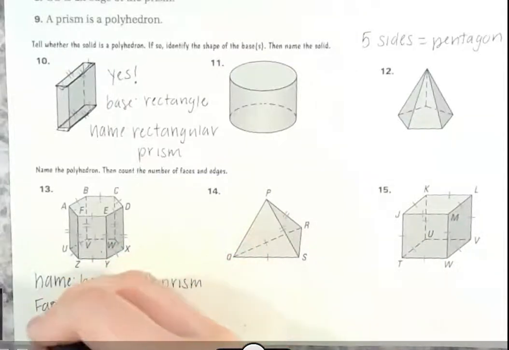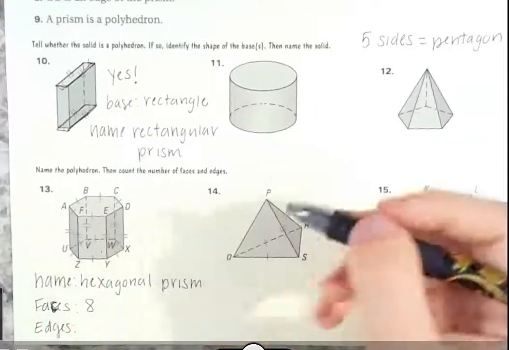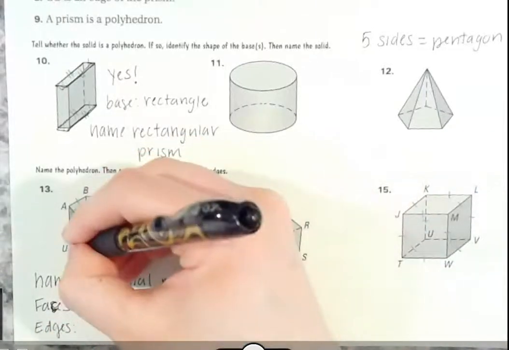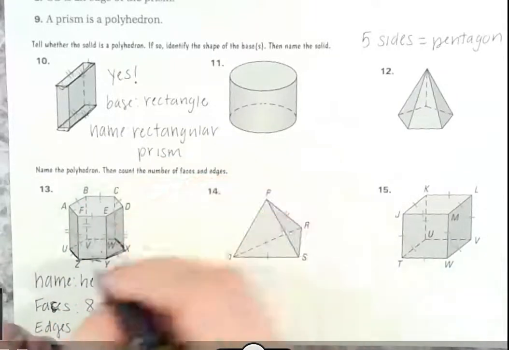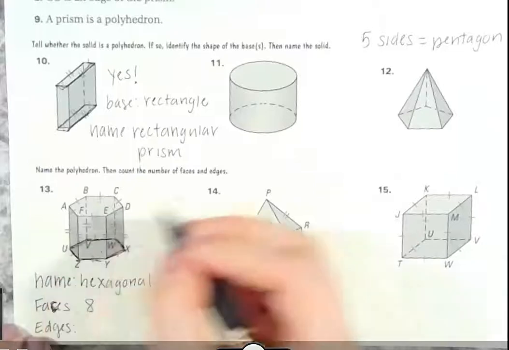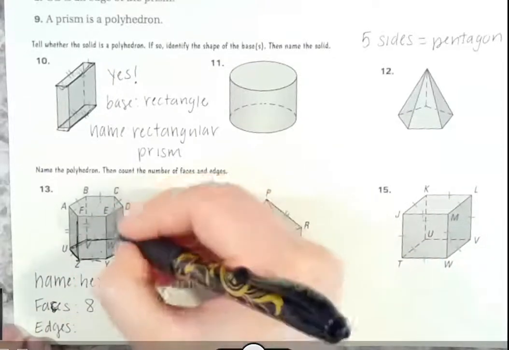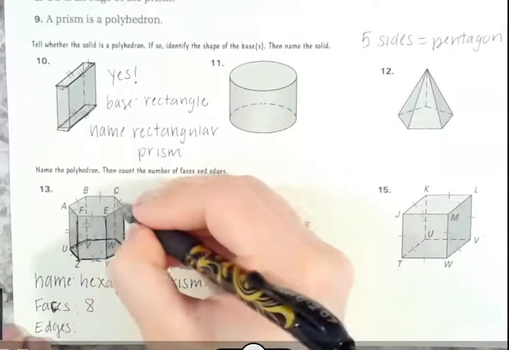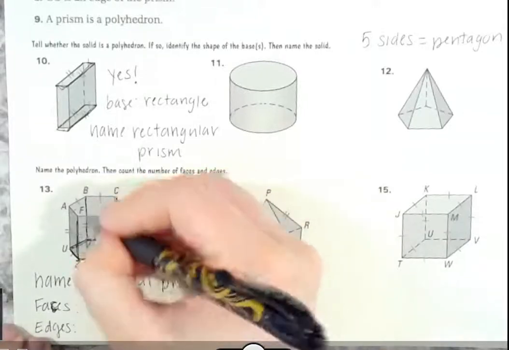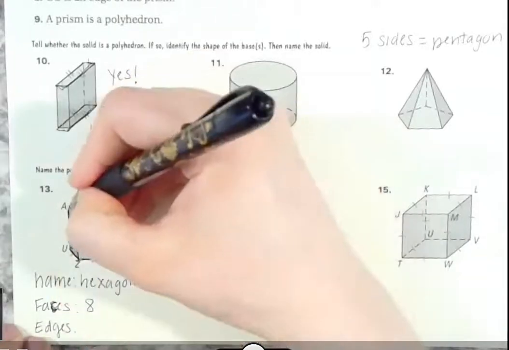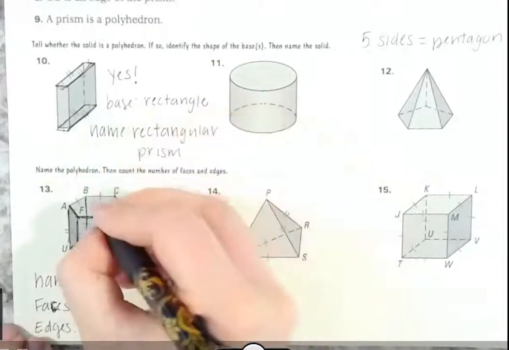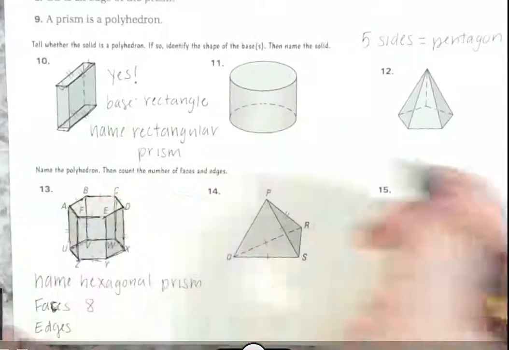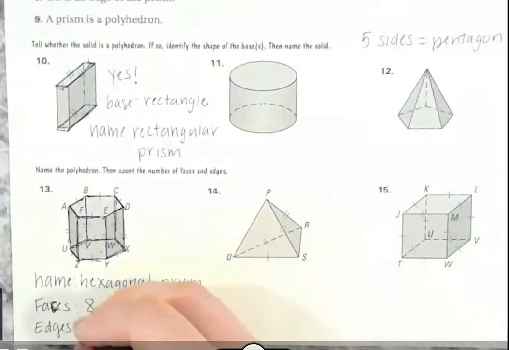And then how many edges? So we have to count all the little lines. 1, 2, 3, 4, 5, 6, 7, 8, 9, 10, 11, 12, 13, 14, 15, 16, 17, 18.